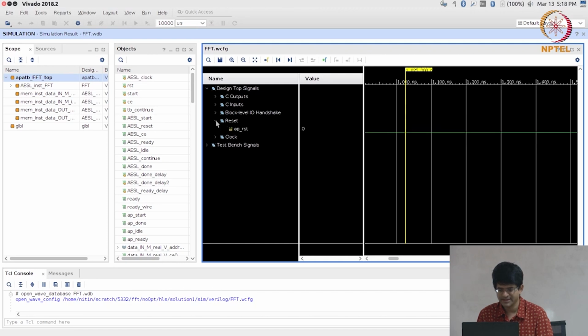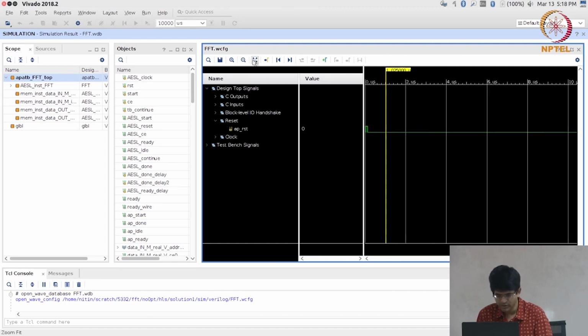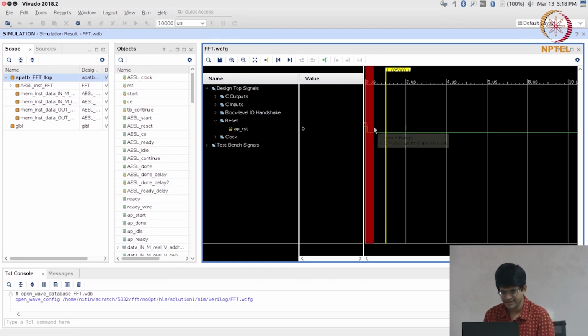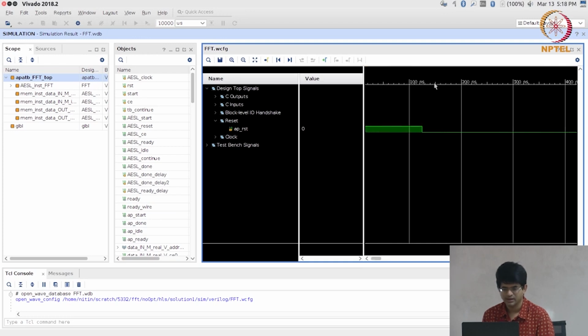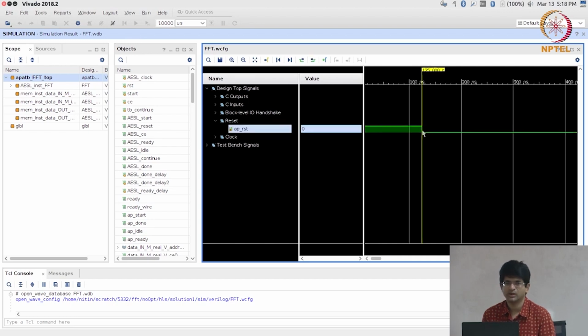What's it doing with the reset signal? Let's zoom out fully over here. You will see that there is just one tiny bit in the corner out here where the reset is equal to 1, right. So by the time you reach around 100, 120 nanoseconds, the reset has already gone high and then gone low.